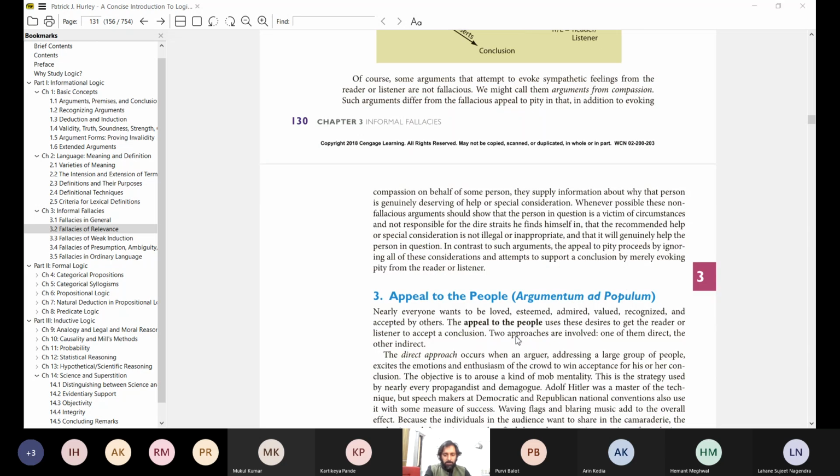What I have to focus on is number 3, which we already looked at a little bit, appeal to the people, in the discussion of Nazi propaganda. We'll look at number 5.